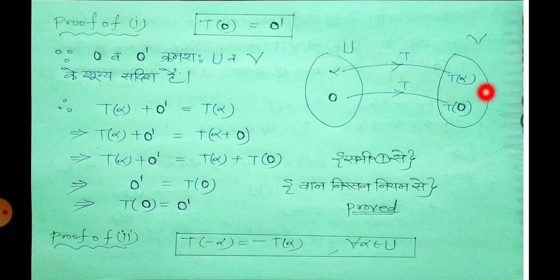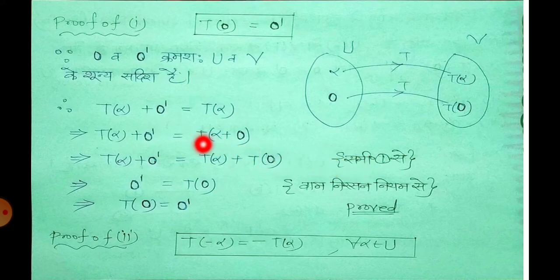So if we add 0 dash to an element of V, we again get the same element. So T of alpha plus 0 dash gives T of alpha. Alpha is an element of U, so we can write alpha is equal to alpha plus vector 0, because alpha plus vector 0 is again alpha, because 0 is the zero vector in U. Now, what does equation 1 say?